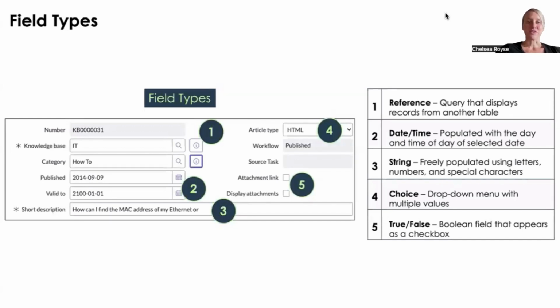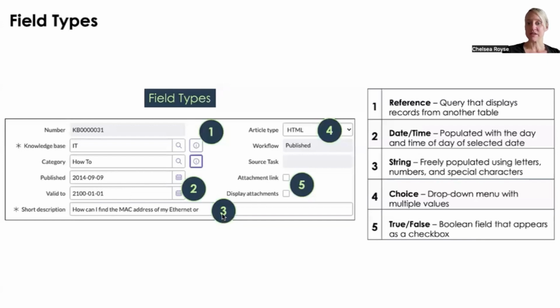So for example, on this field type section, number one, you can see that is a reference. It is a number field, where each record has its own number, but it just displays the record if it's from another table. Now, number two here is a date and time format. So there are all different formats for how you can create your form, or how users can put in information.